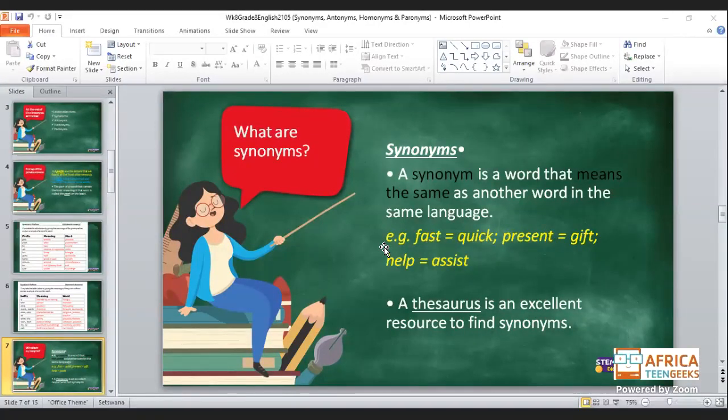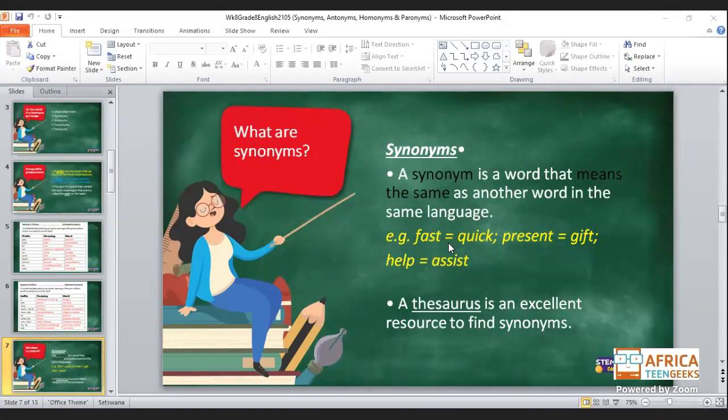Okay, let's see. All right. So there are comments in the chat. Let's see what everyone is saying. Tyrese says synonyms are different words that mean the same thing. Yes, Tyrese, you are correct. That is what a synonym is. Synonyms are different words that mean the same thing, right?